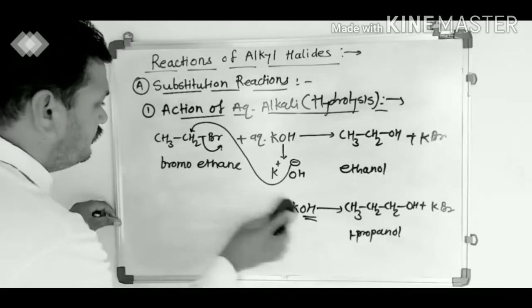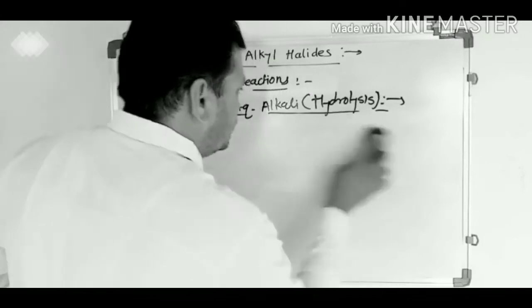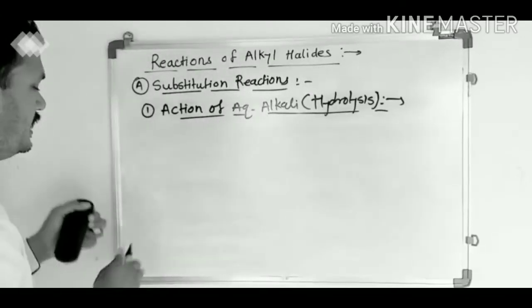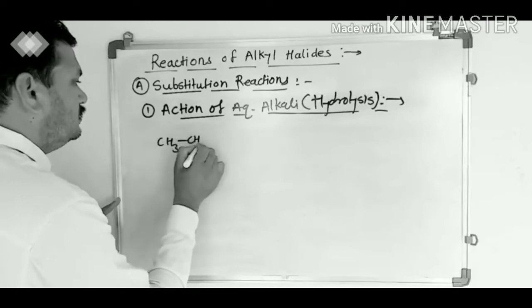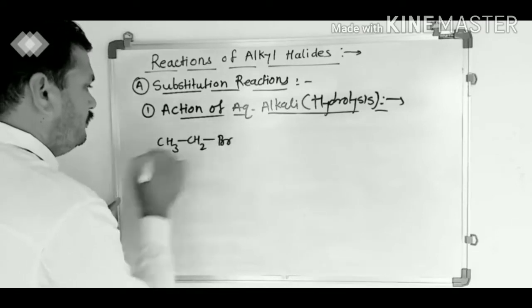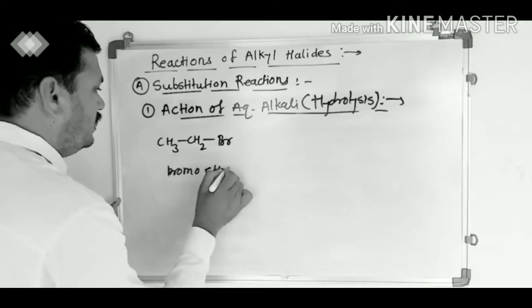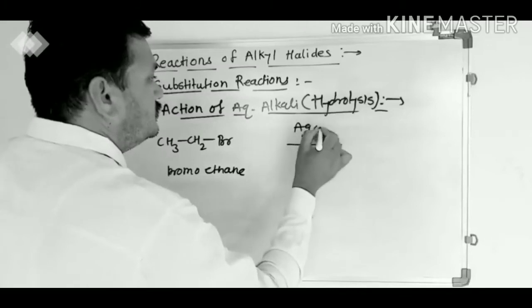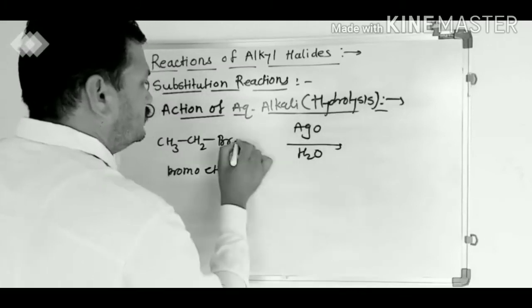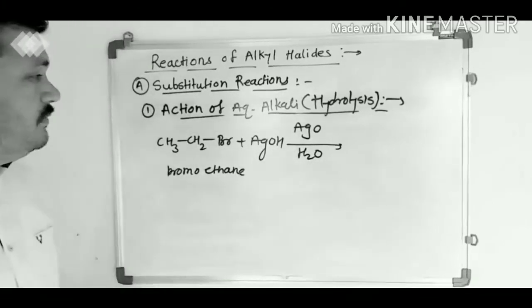Now we will see what kind of reaction silver oxide gives. Reaction is same. CH3CH2Br, bromoethane, when treated with silver oxide, same reaction will take place.